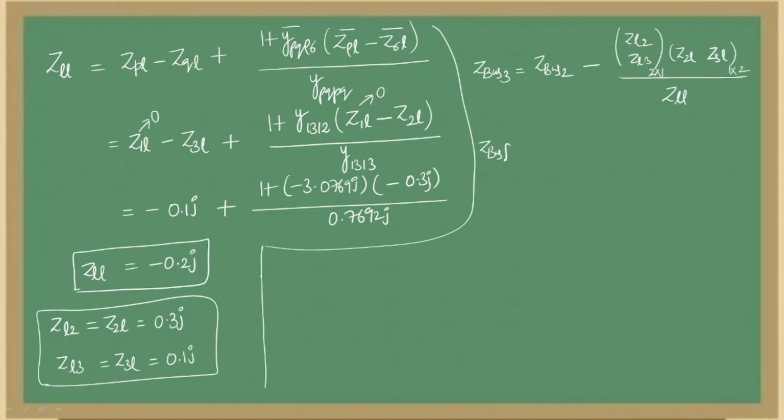Z bus 3 is the same as Z bus final. We have already found Z bus 2, which is J 0.1, J 0.1, J 0.1 and J 0.3. This is Z bus 2, which is obtained in the previous step, and it is minus.